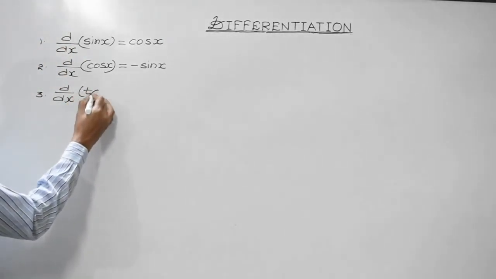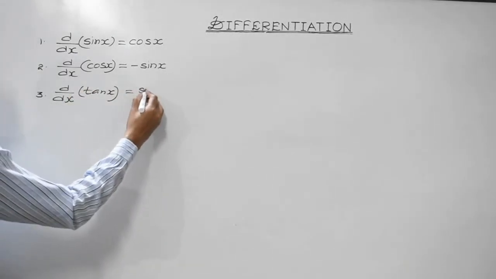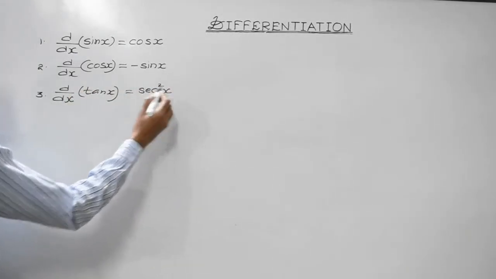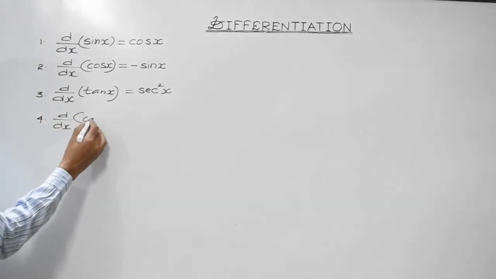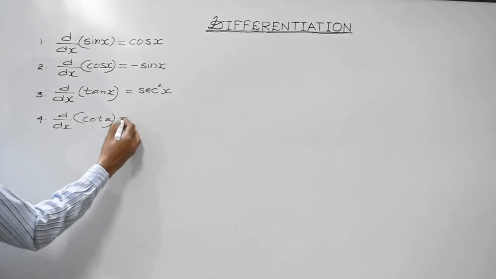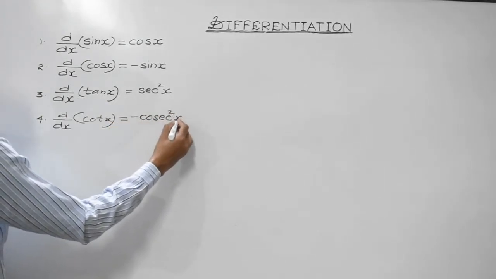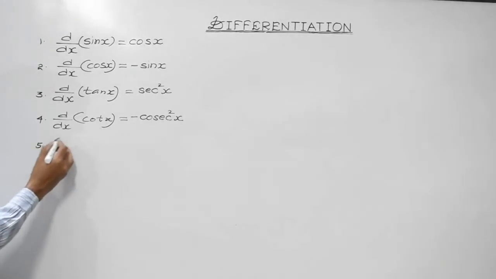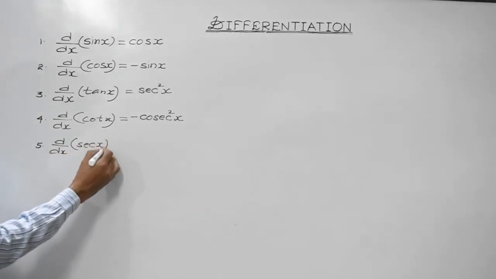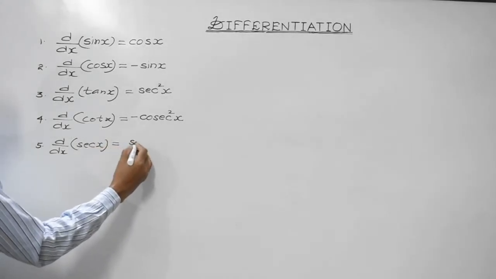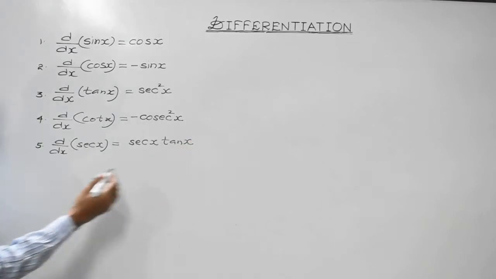So tan x, differentiation of tan x with respect to x, it is secant square x. Then differentiation of cot x with respect to x, it is minus cosecant square x. Fifth, differentiation of secant x with respect to x, it is secant x tan x.